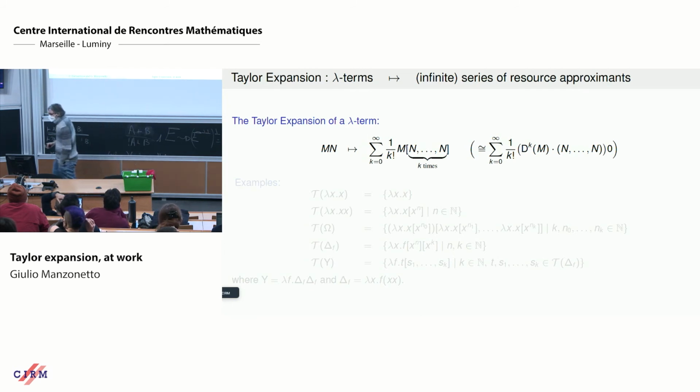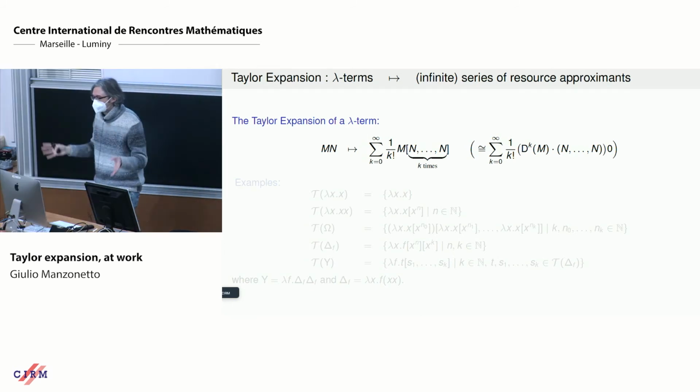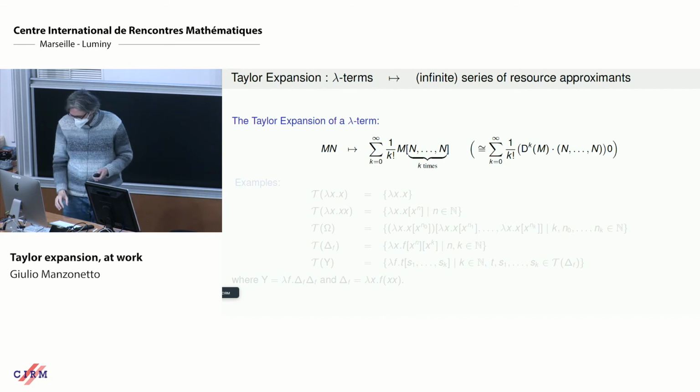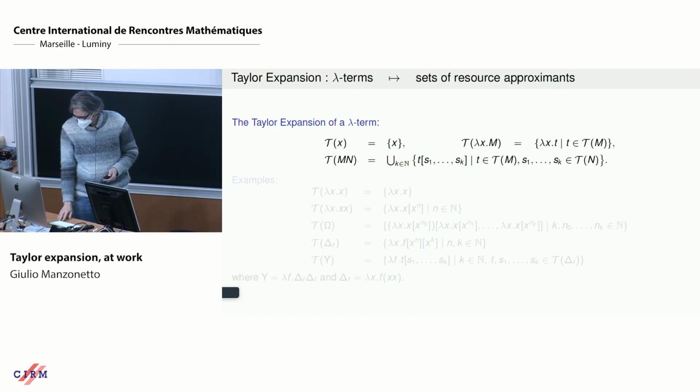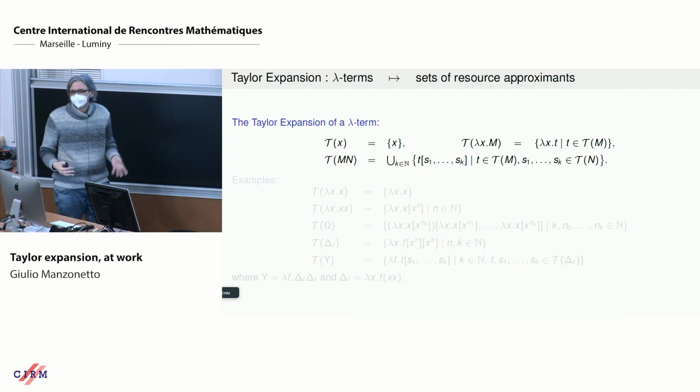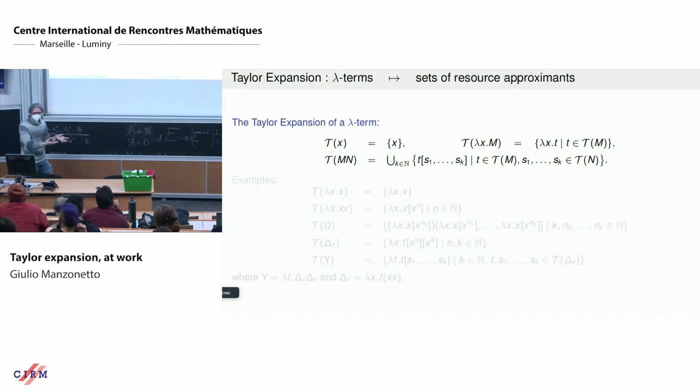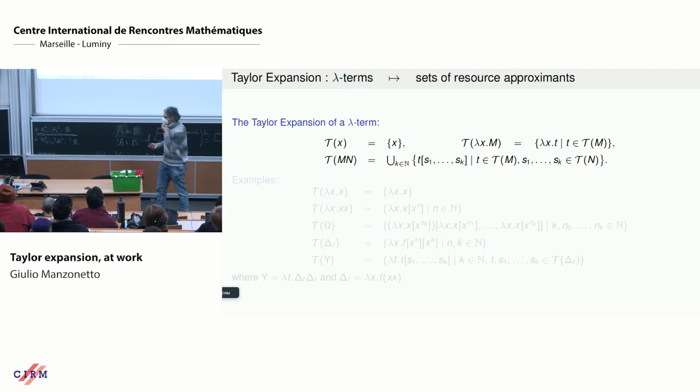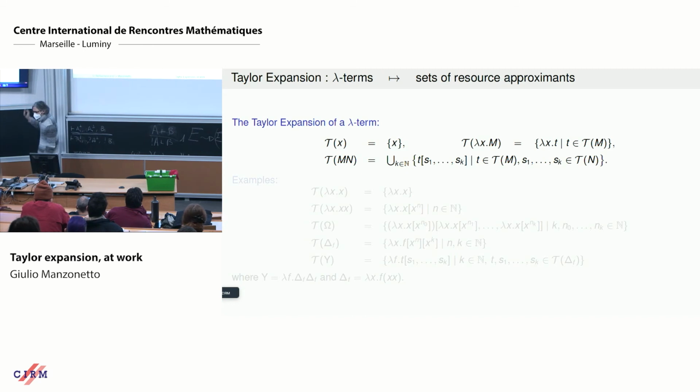OK. Now, to simplify the setting and to make Lionel angry, we are going to forget about the coefficients and just see this as giving a set, a possibly infinite set of resource approximants. So the Taylor expansion of x is the singleton x.